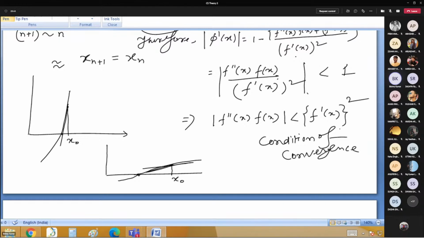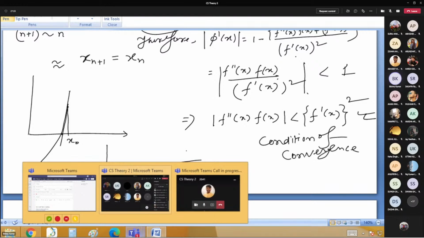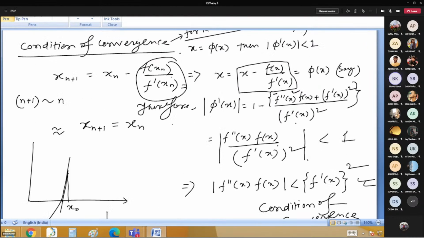These are the conditions, and the mathematical relationship is this. You got my point? Students, respond me. Yes, sir. Just keep in mind its physical interpretation.